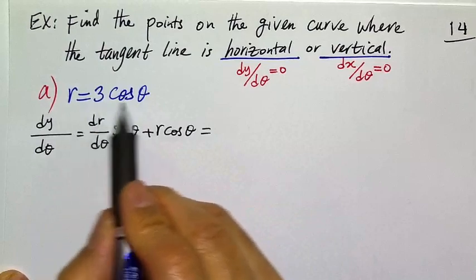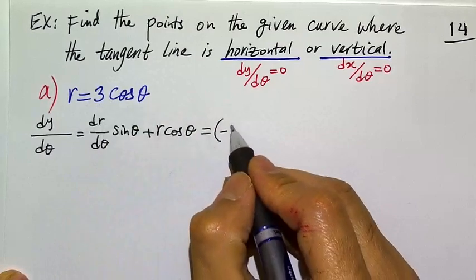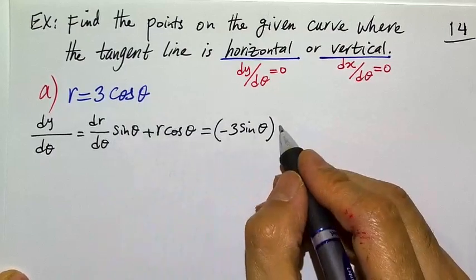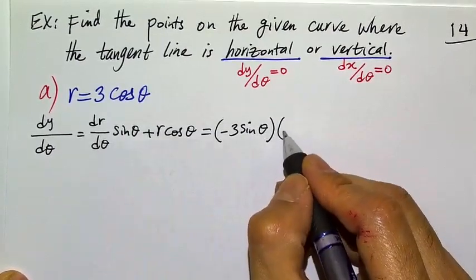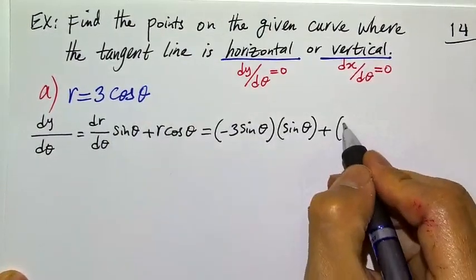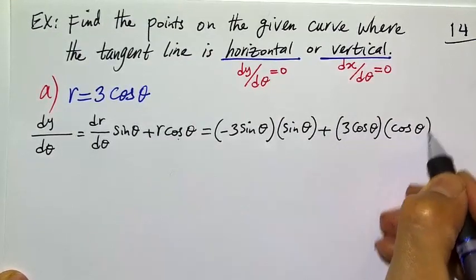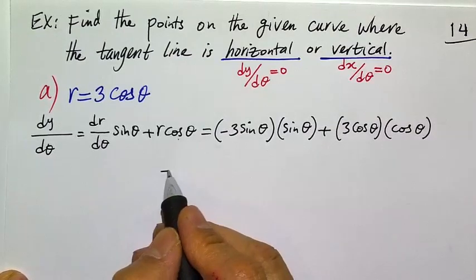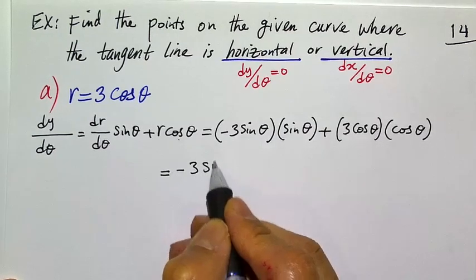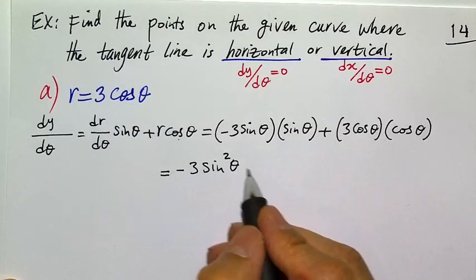So dr/d theta will be that, minus 3 sine theta, times sine theta right there, plus r, which is 3 cosine theta, times cosine theta. So we have minus 3 sine squared theta plus 3 cosine squared theta.